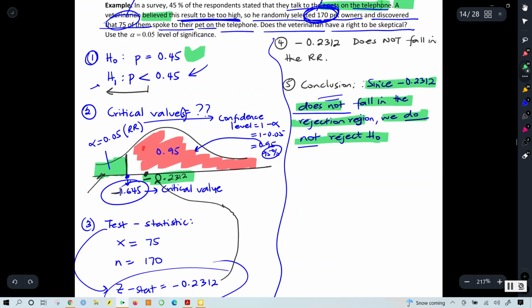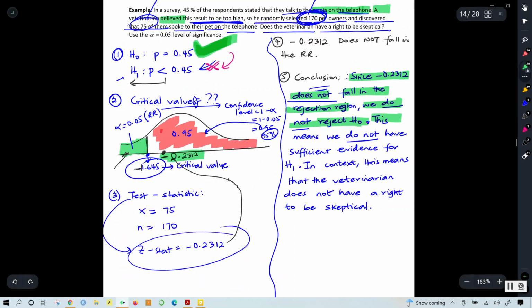If we are not rejecting it, it means this is the winner. Unfortunately, we do not have enough evidence for the alternative hypothesis that we want to test. So this means that we do not have sufficient evidence for the alternative hypothesis that we wanted to test.